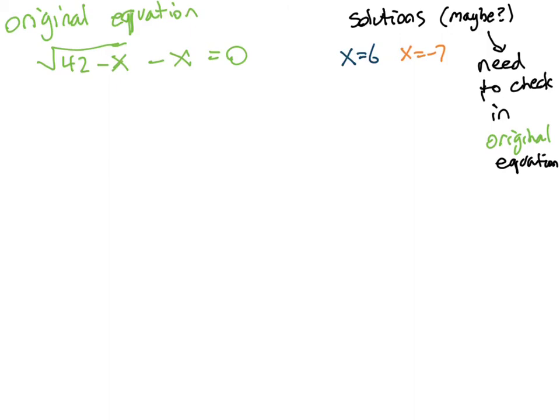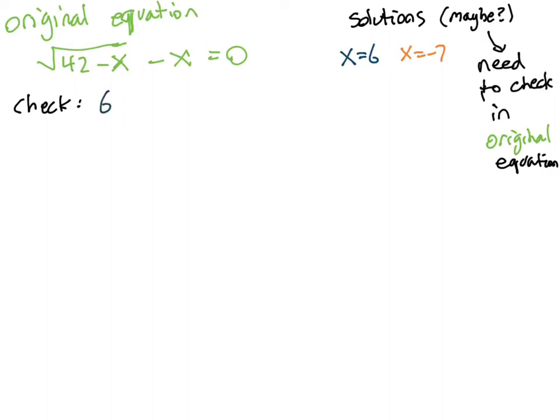So I've rewritten the original radical equation that we were solving before we had turned it into a polynomial. And the two possible solutions that might work that we got from solving our polynomial equation are positive 6 or negative 7. So to check those solutions, we want to plug those back into our original equation for x and see if the equation is true or not.